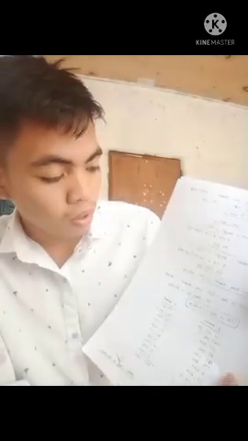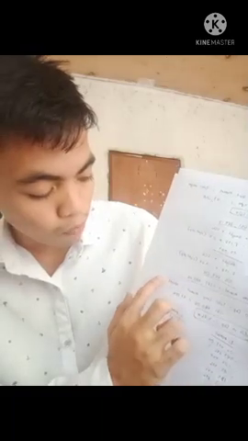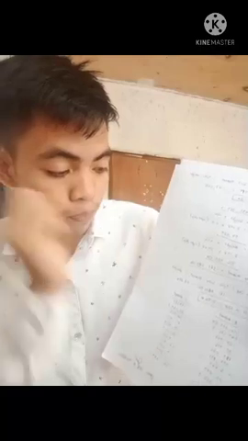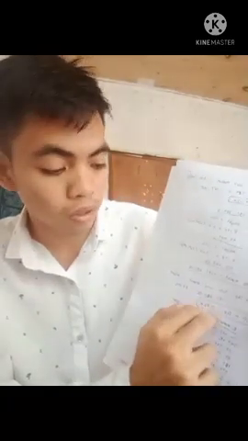Our ship's LCG on departure is the total longitudinal moment divided by weight. Our longitudinal moment is 181,480.06 and our weight is 47,008. So our LCG on departure is equal to negative 3.886 because it is forward.